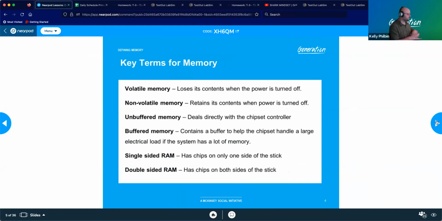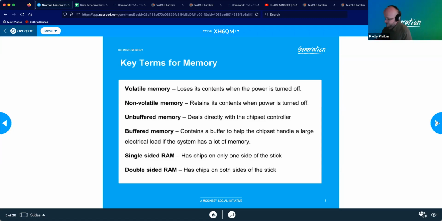When the power is turned off, everything is erased from it. So this is volatile memory. And in direct contrast to that, we have non-volatile memory, which we could call stable. It retains its contents even when the power is turned off.